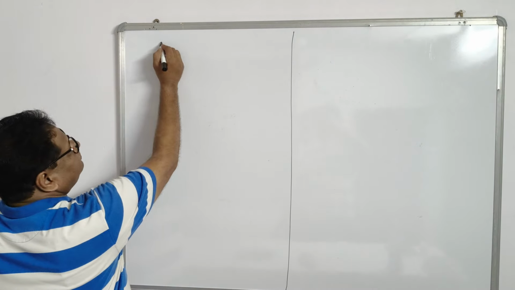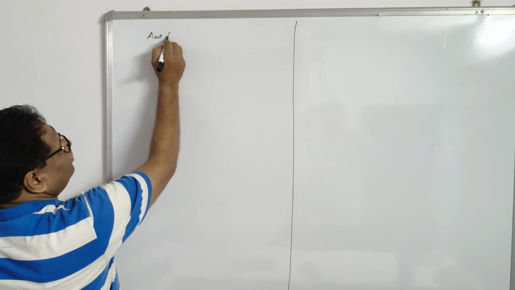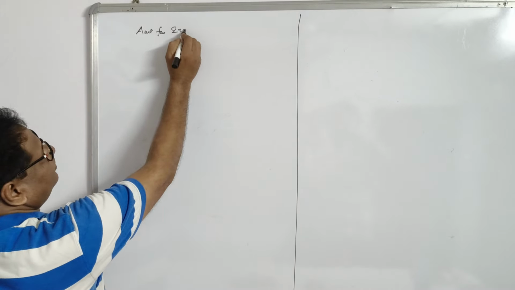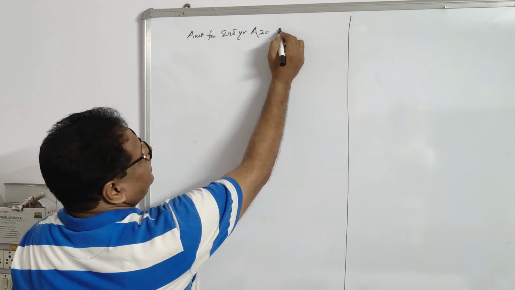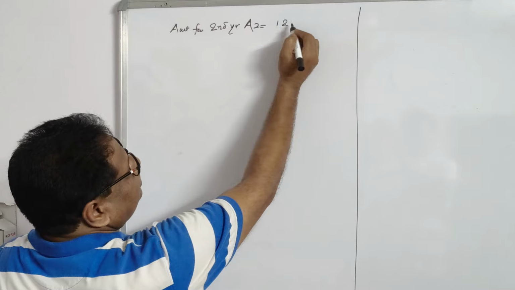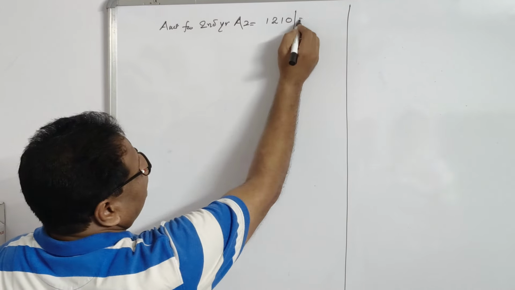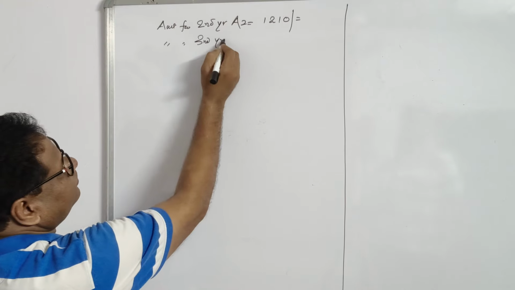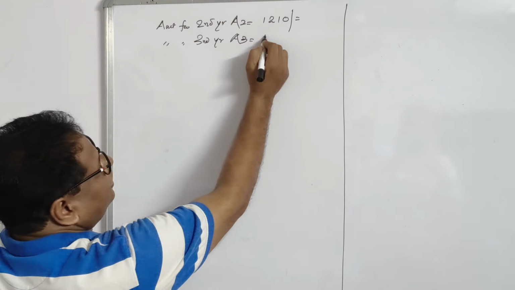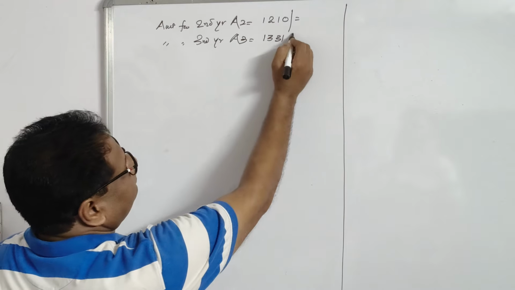Suppose you are given the amount for second year, okay, A2. This is given as, suppose, rupees 1210, okay, and the amount for third year is given to you, that is A3, rupees 1331.